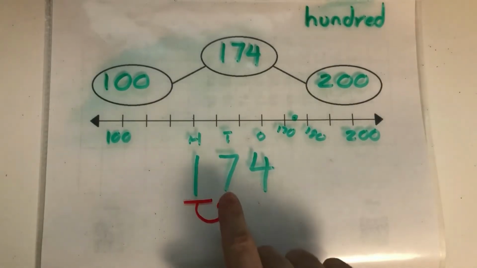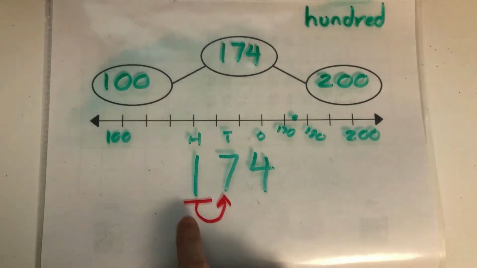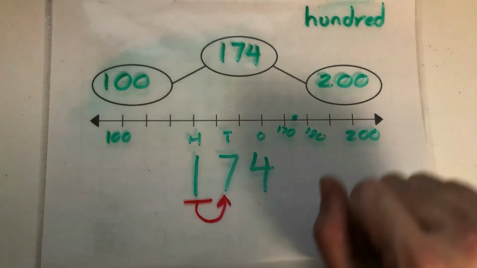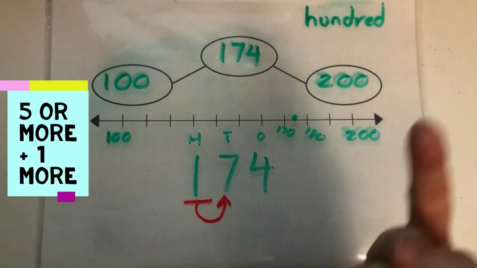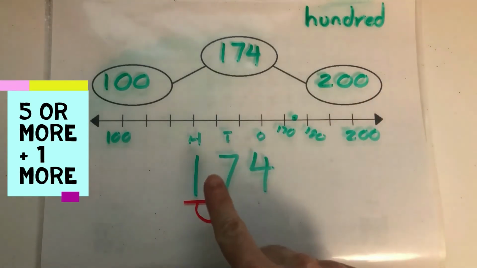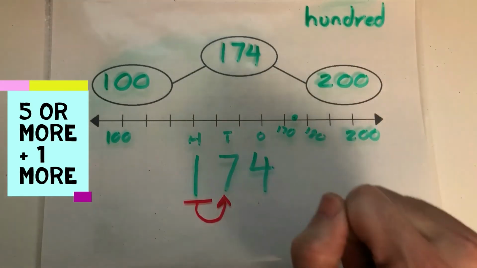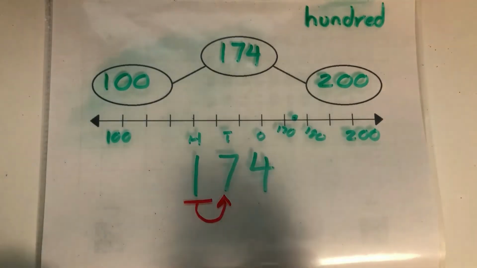Now, the number that's to the right is going to tell us what we do. So if the number to the right, in this case is 7, if the number to the right is 5 or more, we are going to add one more to the number that we underlined. In this case, 1. 5 or more, add one more. So 1 plus 1 equals 2.